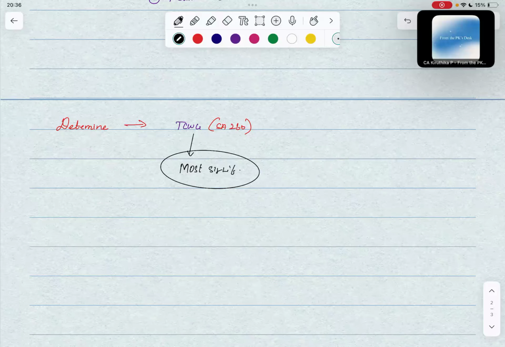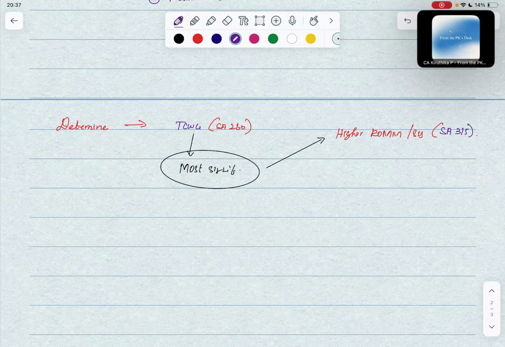Number one is higher risk or significant risk, which is SA 315. So first let us understand each and every one with an example.